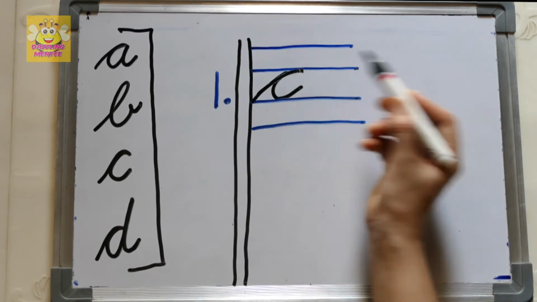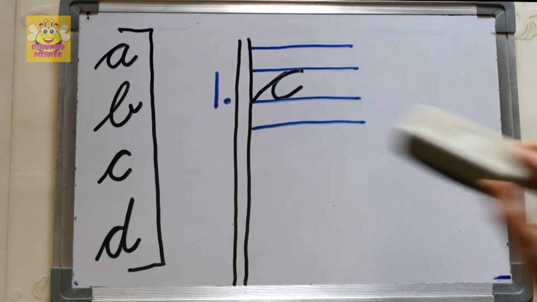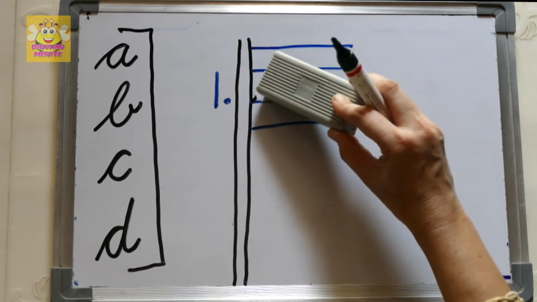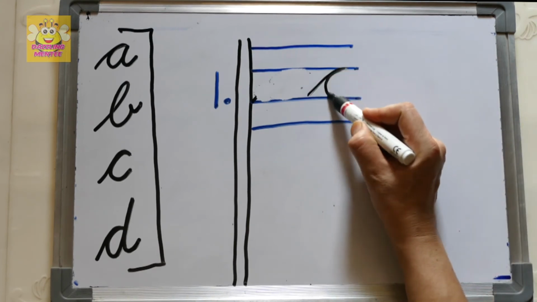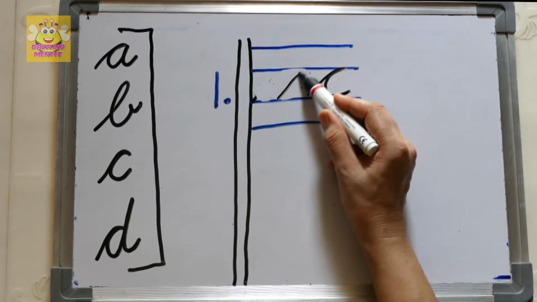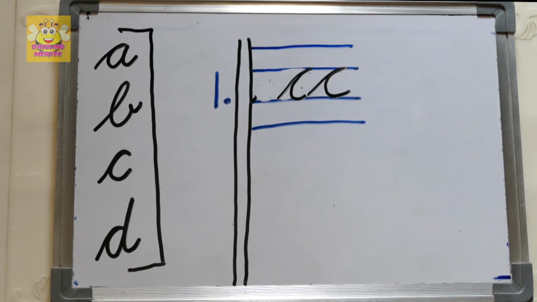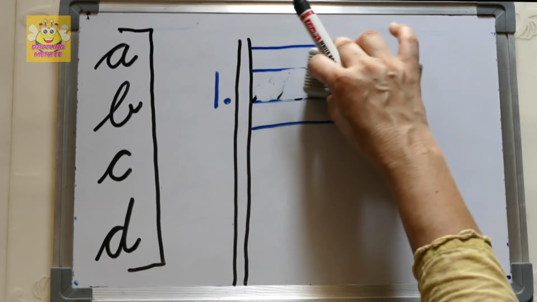This is the way, and remember, always touch the margin line when you write the alphabet. Always start from here. Sometimes what children are doing, mama is saying K, and they write K here, sometimes here. That is wrong. It's not the good pattern.